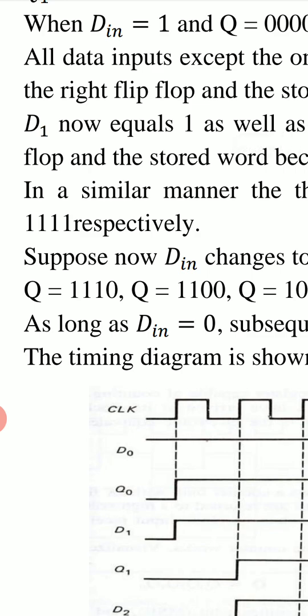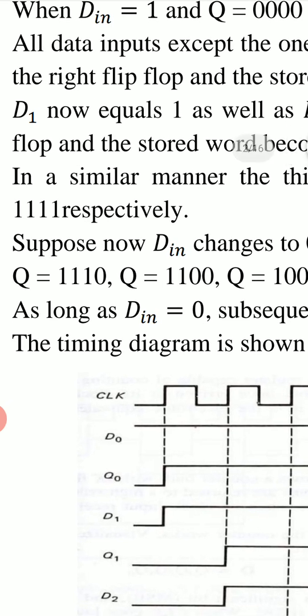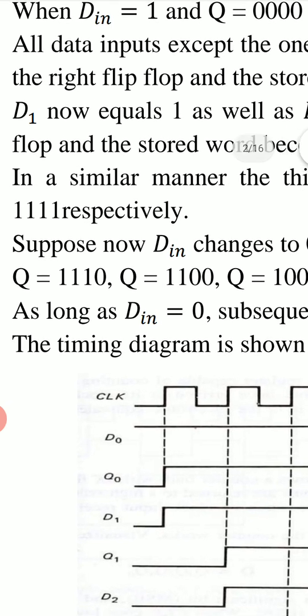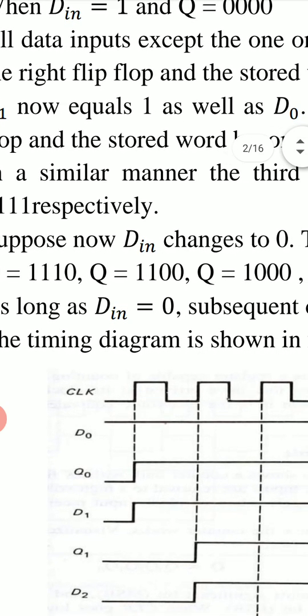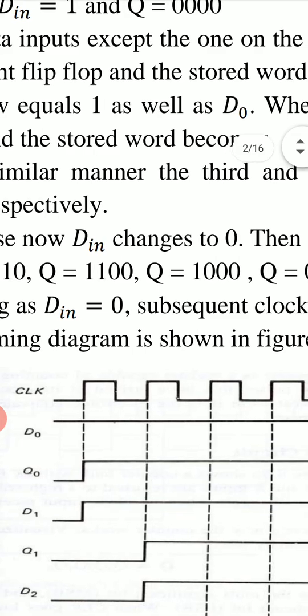In this way, this bit 1 shifts to the left for each positive clock edge. Now we have this output word as 1, 1, 1, 1, and suppose the D input changes to 0.